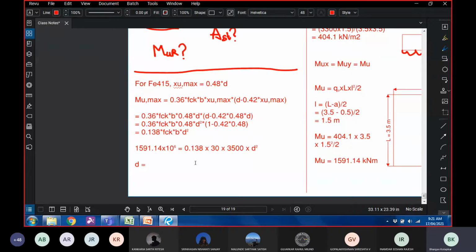Value of D? A few seconds. Yeah, okay. 0.3313. Sorry? 0.3313. It cannot be that small, right?